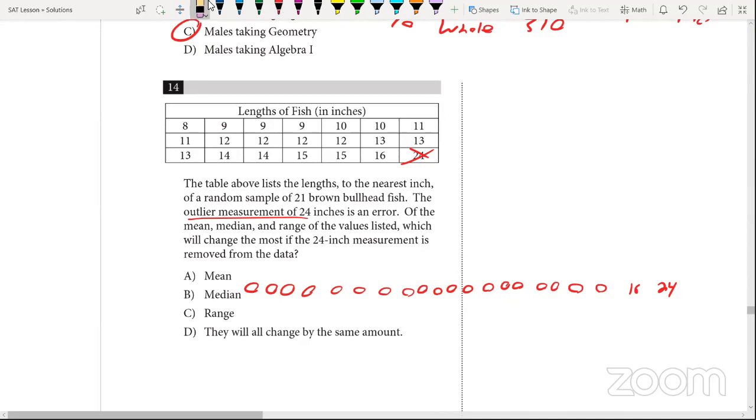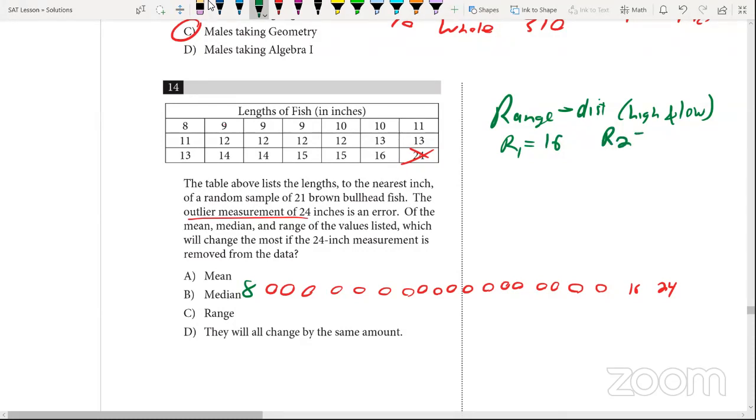So the smallest data point is the number 8 right here. So from 8 to 24 is the range. The range is the distance between the highest and the lowest values, right? So the range when we started, let's call it range 1, is 24 minus 8, which is 16. The range 2, after we remove the outlier, is 16 minus 8. It becomes 8.